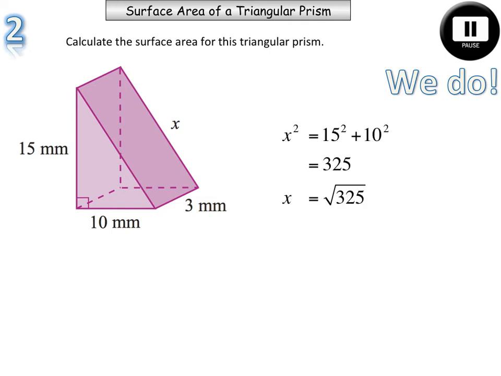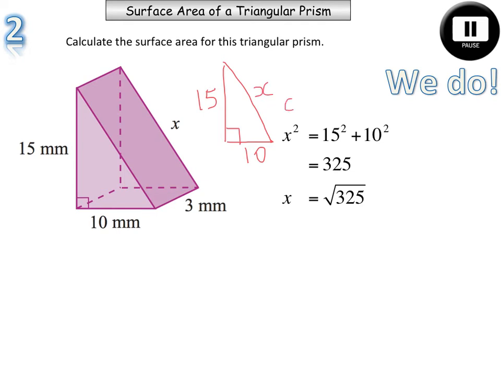Alright, this first piece of working out is working out the value of x. The value of x is given by a particular theorem that you studied last year, called Pythagoras' theorem, which helps us work out side lengths in a right angle triangle. So the base in this one is 10 millimeters, that is 15 millimeters, and we've called that one x.